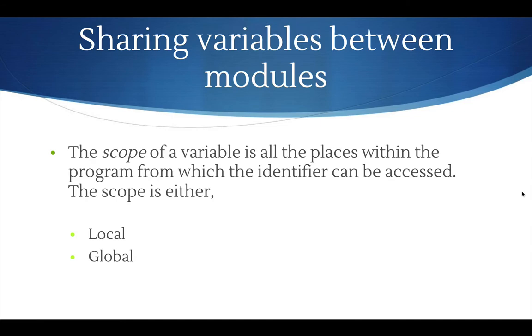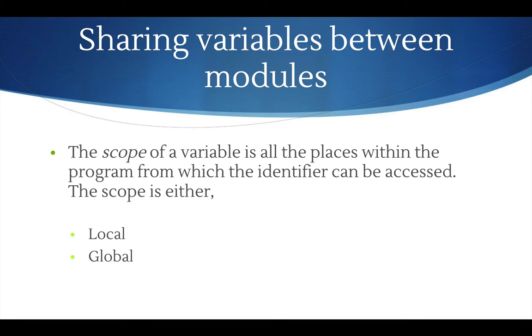Okay, the second concept that you need to understand is sharing variables between modules. If I'm trying to call a procedure or a function, and I'm trying to move it between modules, not between a subroutine. If I'm starting it in a subroutine and it needs to go to a module, the scope of a variable is all the places in the program from which that variable can be accessed.